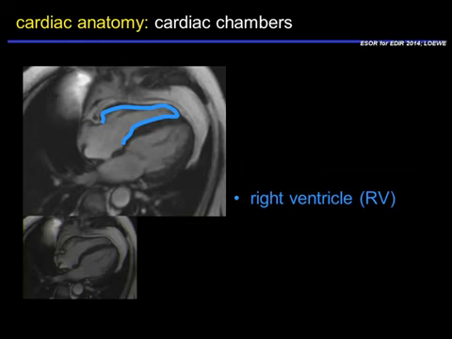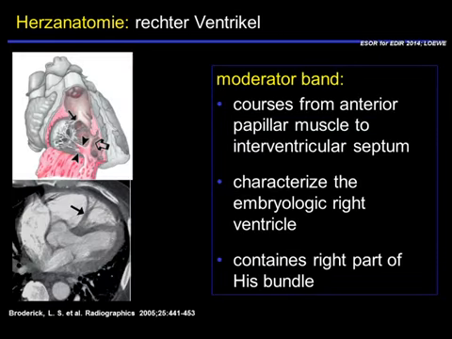The right ventricle can be identified by its leading structure, that's the moderator band, so you are always able to identify the morphological right ventricle. This becomes important, especially in congenital heart disease, where all the cavities could be exchanged.